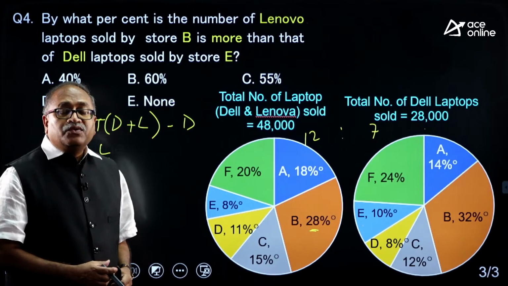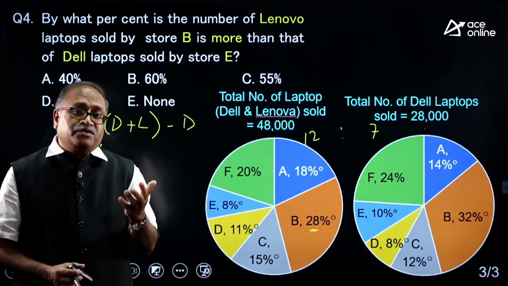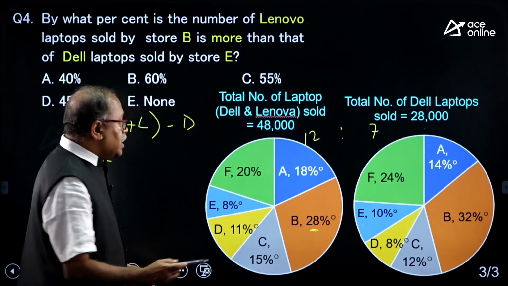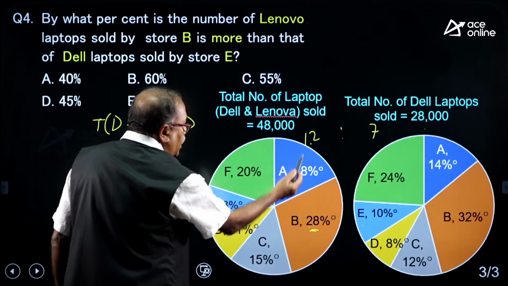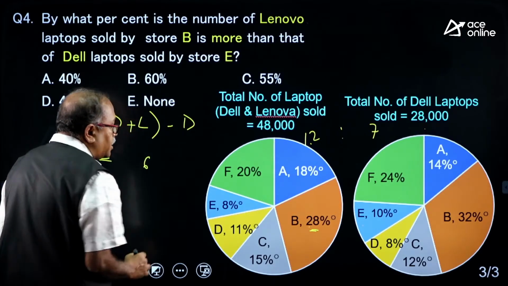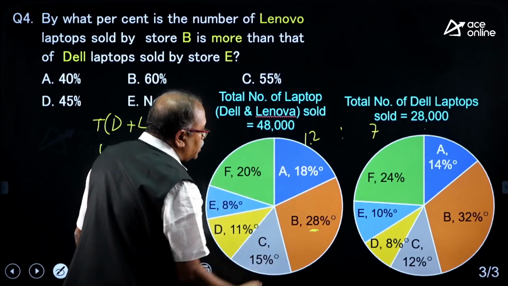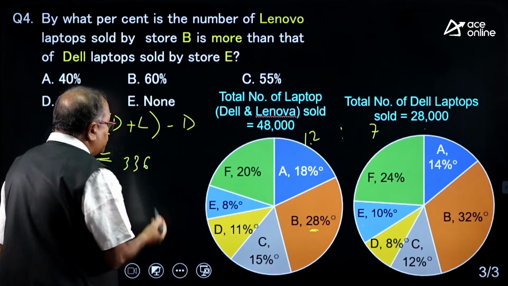As I need to find out the ratio percentage, and the percentage can also be worked out with the help of ratio, I will work out with the ratio here: 12 into 28, 12 8s are 96, carry 9, and 12 2s are 24 plus 9 is 33.